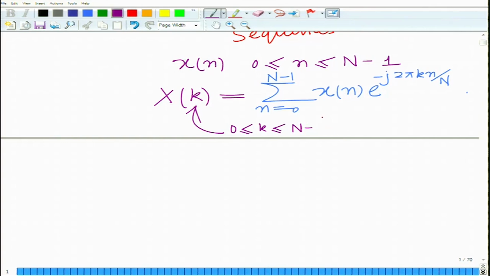So the limits of k are 0 less than or equal to k less than or equal to N minus 1.